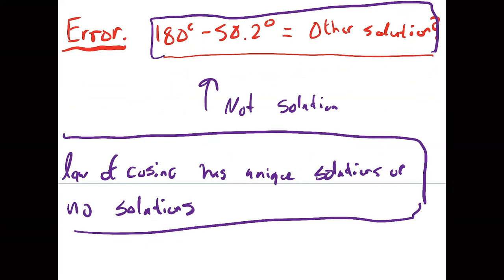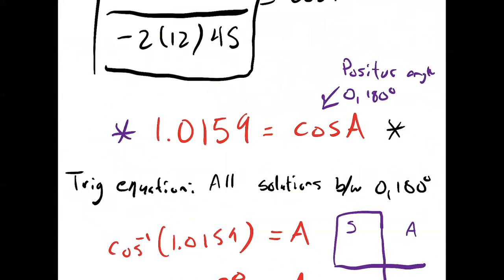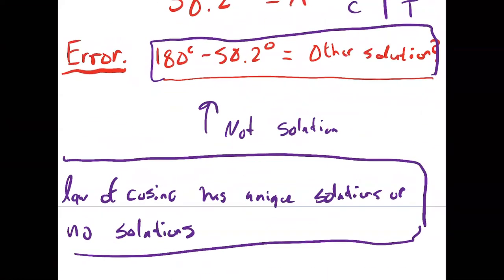The law of sine has multiple solutions exactly because of the trig equation like this upstairs. Okay. And I'll repeat this after the problem's over again. But the thing to take away is that you don't have to worry about finding more than one solution for the law of cosine.